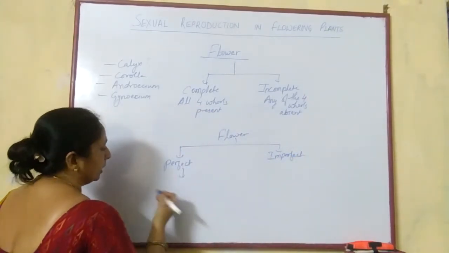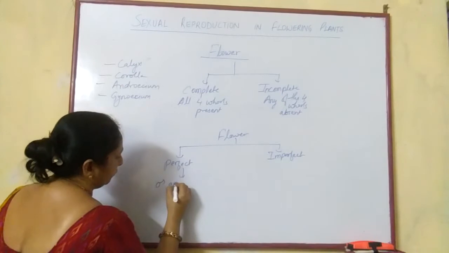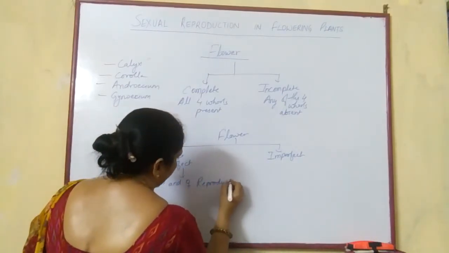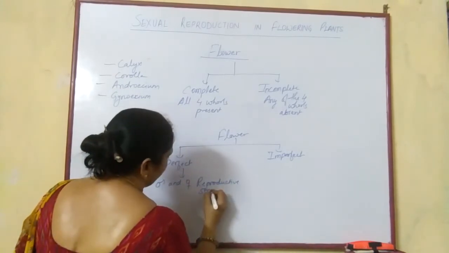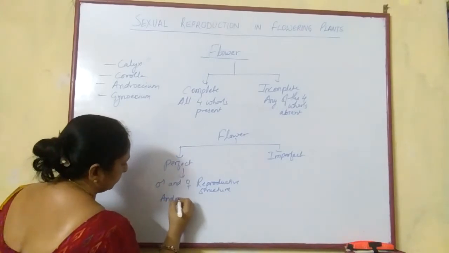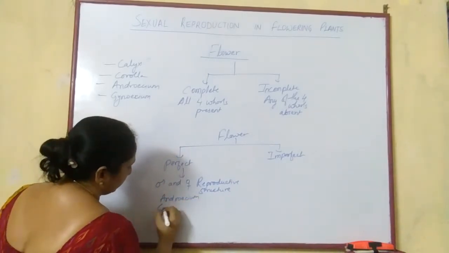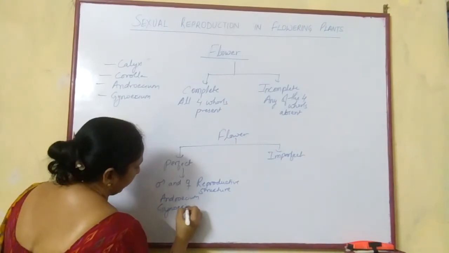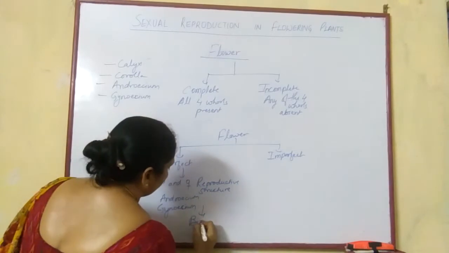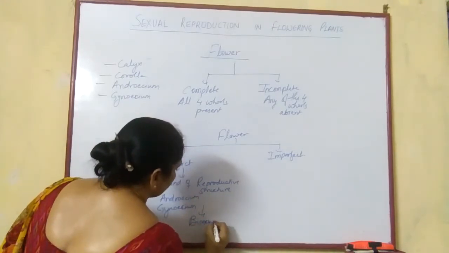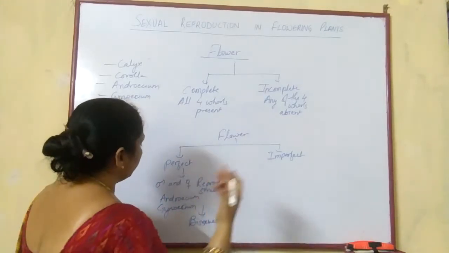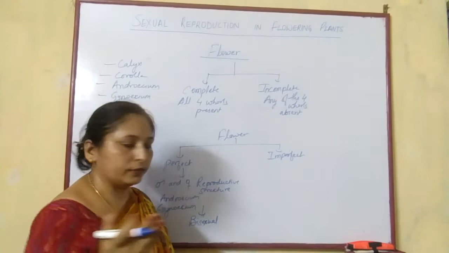If a flower contains both male and female reproductive structures, androecium and gynoecium, it means the flower is a bisexual flower. The bisexual condition is for perfect flowers.